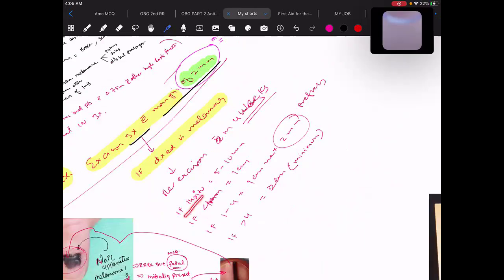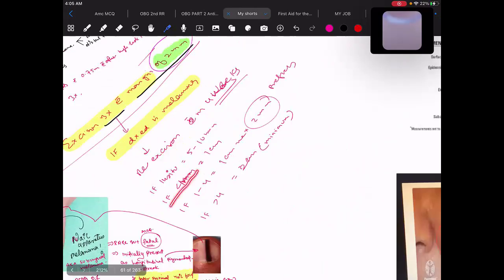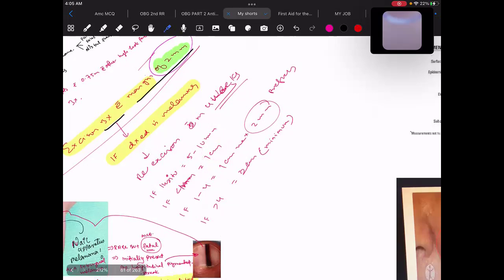If it is still in situ, we further extend the excision to 5 to 10 mm. If it has thickness of less than 1 mm, we need to extend the excision to 1 centimeter. Then if it is 1 to 4 mm, we extend 1 centimeter.